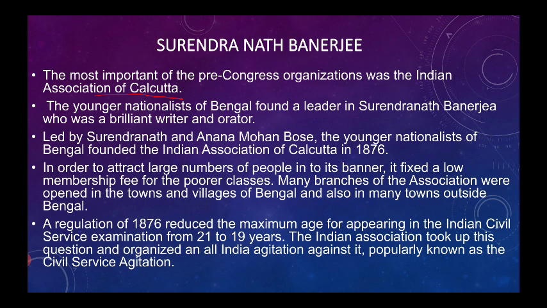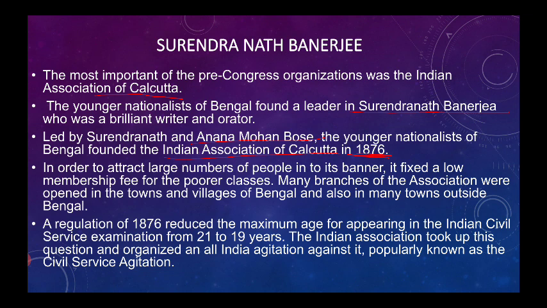And the younger nationalists of Bengal found a leader in Surendranath Banerjee, who was a brilliant writer and orator. He set up an Indian Association in 1876, with the help of Anand Mohan Bose. These were the younger nationalists of Bengal, and they founded the Indian Association of Calcutta.